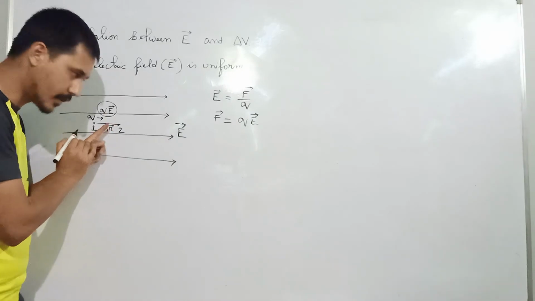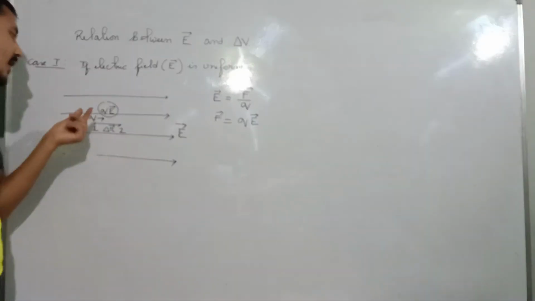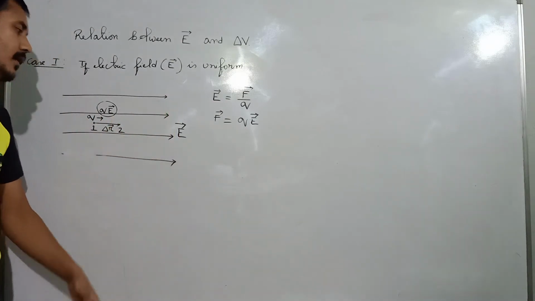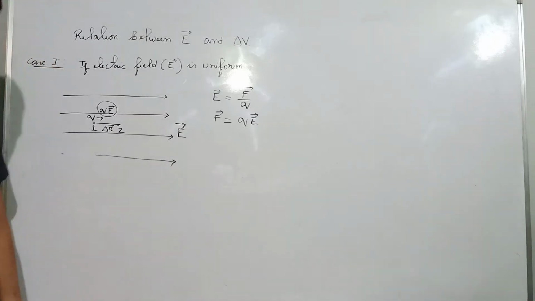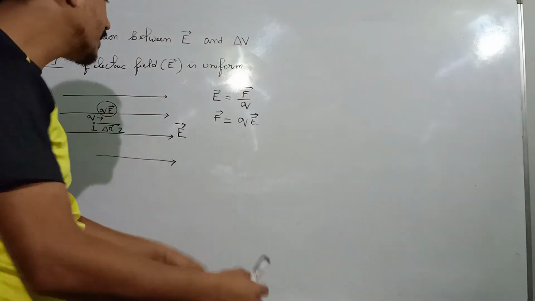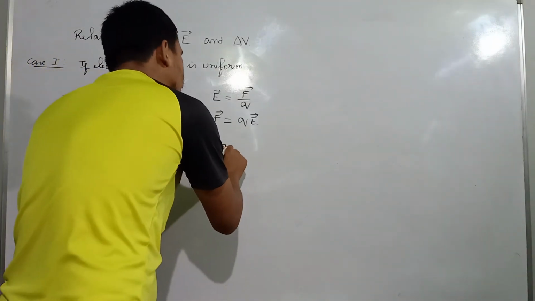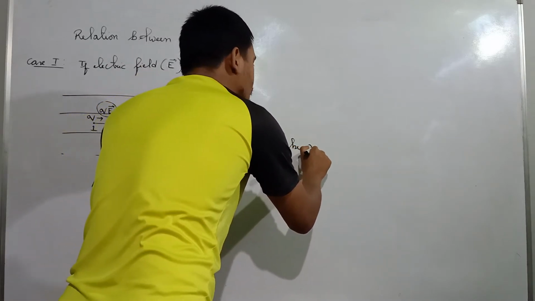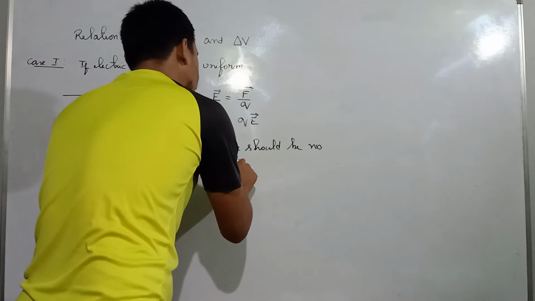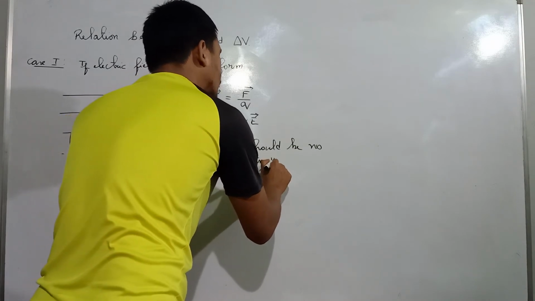Now, if I let this force do the work, then there will be change in speed. There will be change in kinetic energy. But my aim is there should be no change in kinetic energy.